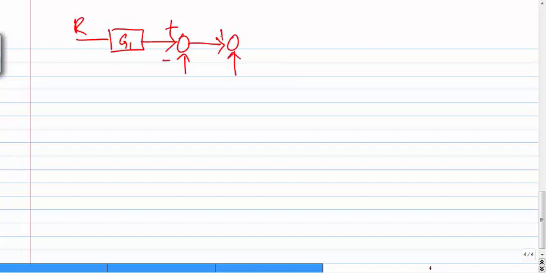Start with a very simple example, and we say that we have an input and we have again G1, then we have a feedback path here, then we have another feedback path, then we have another feedback path.